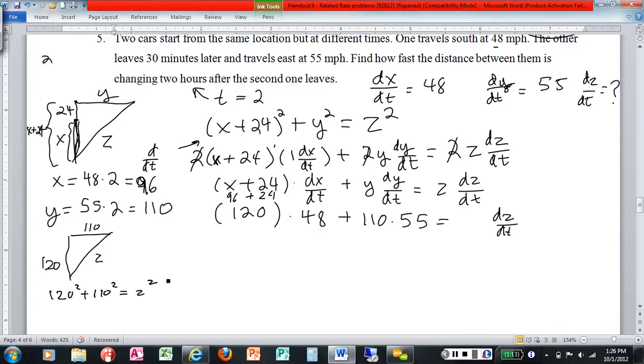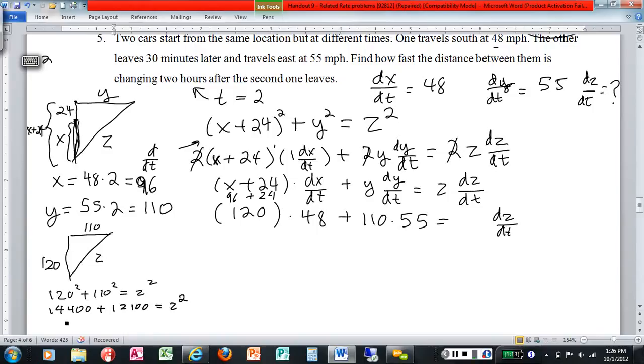See, 120 squared, 14,400. 110 squared is 121,000. No, 12,100, I should say.